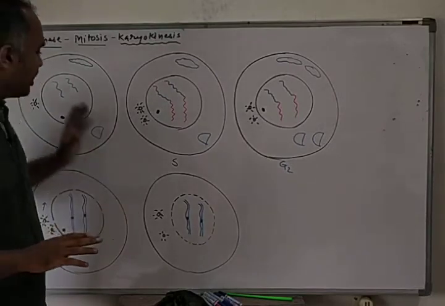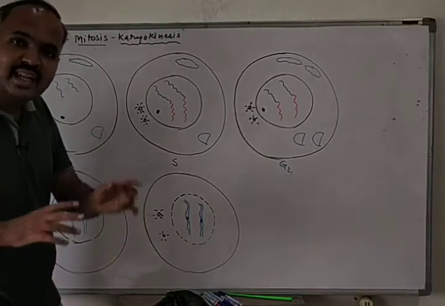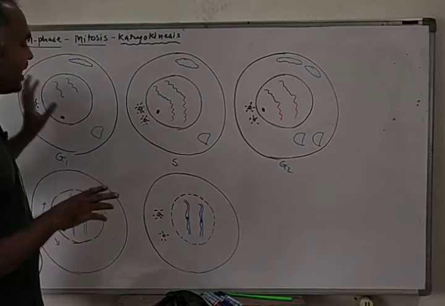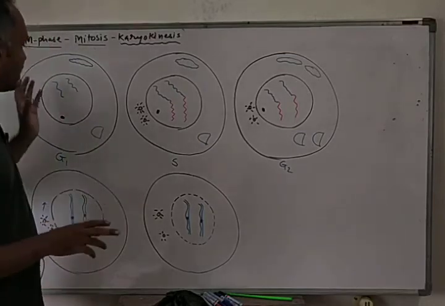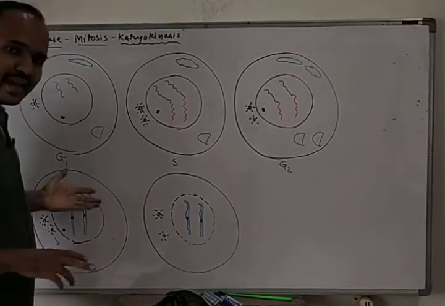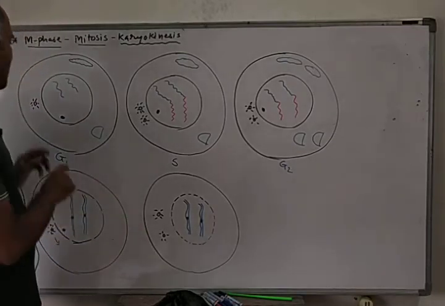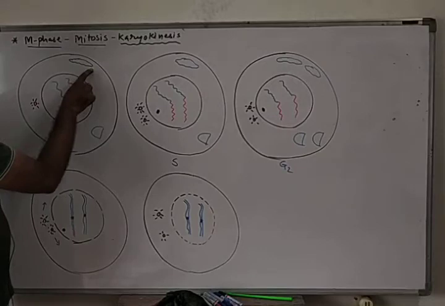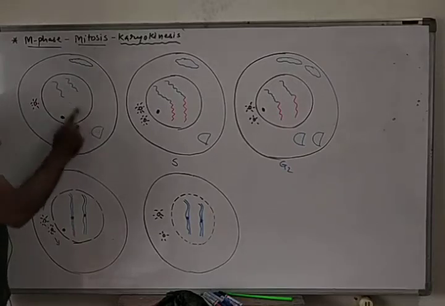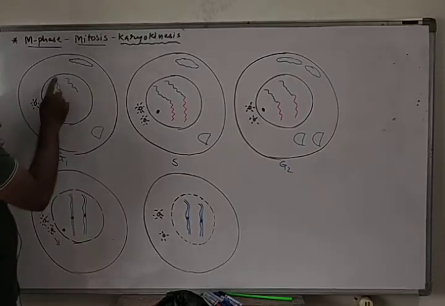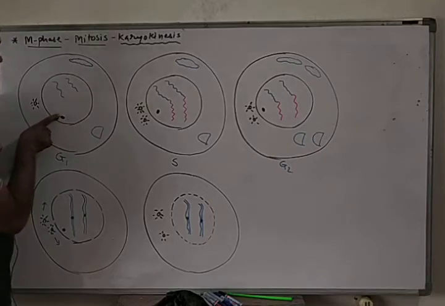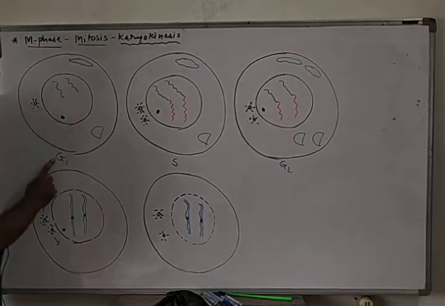We are not differentiating between plant and animal cells now, we are just learning cell division. So a centriole is there, mitochondria is there, chloroplast is there, intact nuclear membrane is present, nucleolus is there, and chromatin fibers are there in the G1 phase.